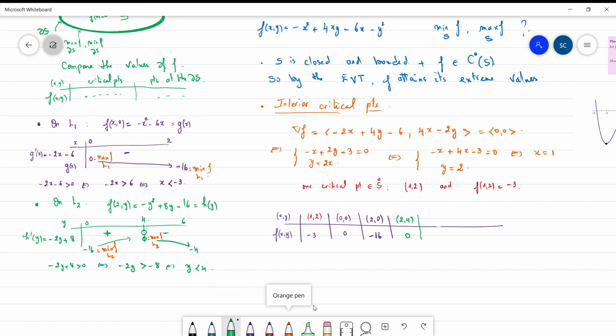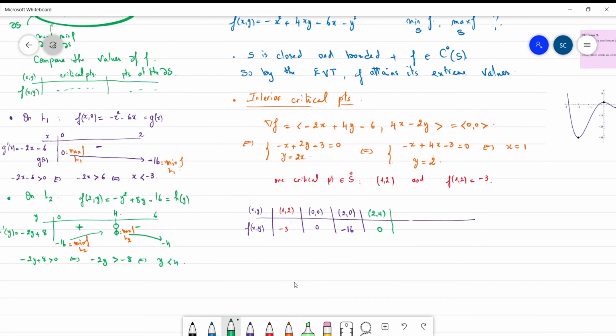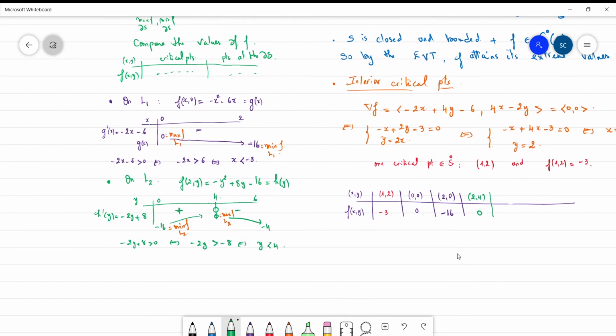And the last step is to explore what is happening on L3. So on L3, my function, I will work on the line L3, and the expression is 2x squared minus 6x.